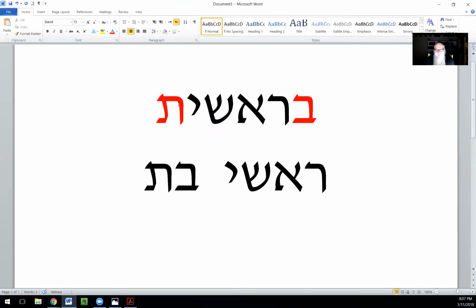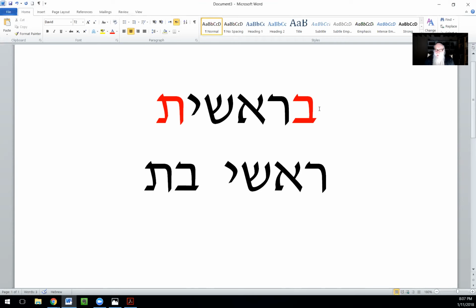I've written the two letters here in red, as you can see. Obviously, in the Torah, it's not written. This is the first word of the Torah, the first word of the Bible, Bereshit, in the beginning, or as the Zohar itself says, with the beginning. In any event, let's not discuss that now.